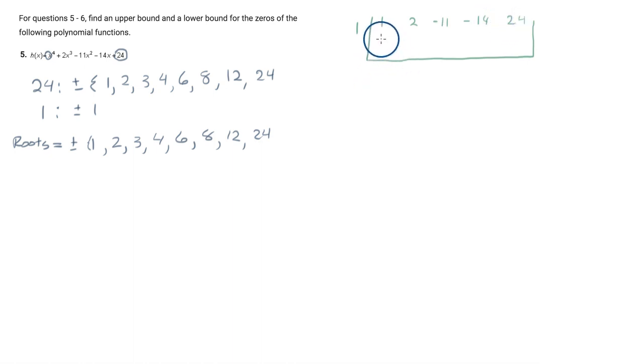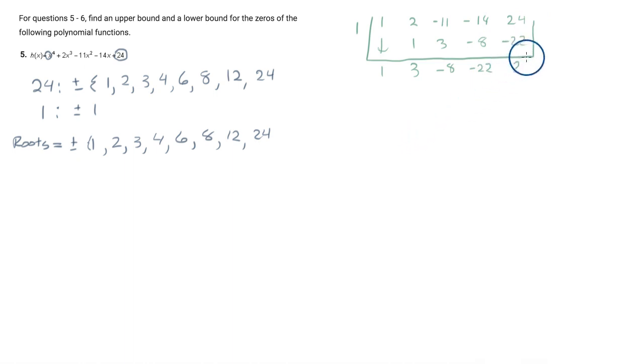And if we do synthetic division, we should get this. So 1 times 1 is 1, 3, 3, negative 8, negative 8, negative 22, negative 22, 2.